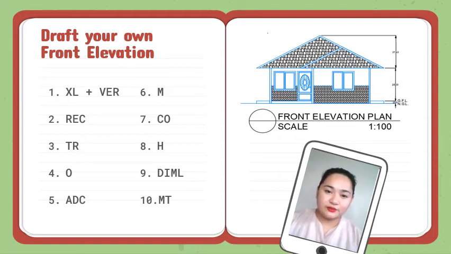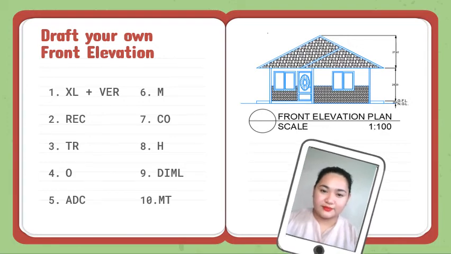ADC is for design center. M is for move. CO is for copy. H is for hatch. DIML is equal to dimension line. MT is used for text.